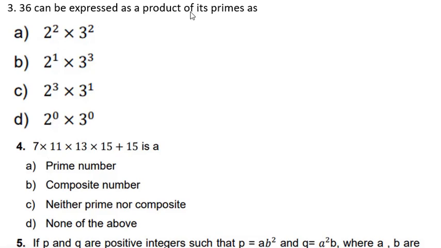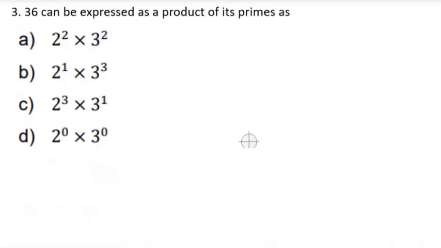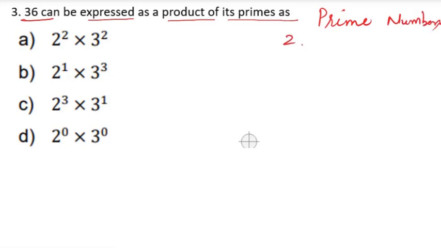Try to solve before I do. We know that prime numbers start from 2, 3, 5, 7, 11, 13. So we will divide 36 only by these numbers to get the prime numbers which can divide 36.